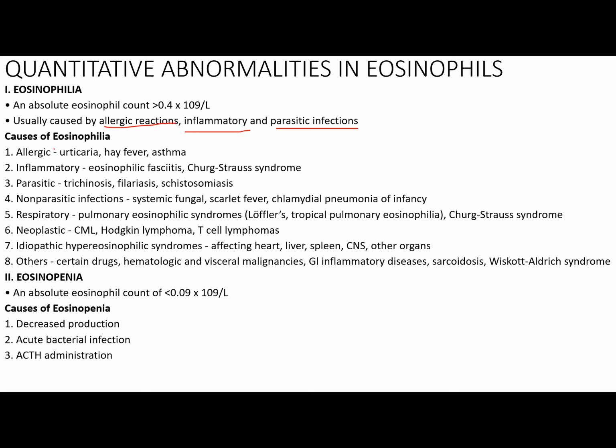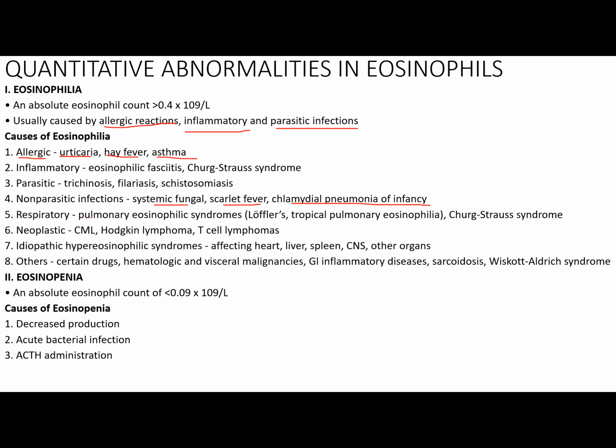So causes of eosinophilia are usually seen in allergies such as urticaria, hay fever, asthma. Seen also in inflammatory conditions such as eosinophilic fasciitis, Churg-Strauss syndrome. Parasitic, seen in trichinosis, filariasis, and schistosomiasis. Non-parasitic infections such as systemic fungal infections, scarlet fever, chlamydial pneumonia of infancy.